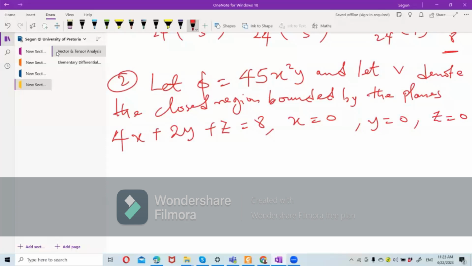The question says evaluate the integral. Evaluate the integral. And don't forget, V is talking about the volume.